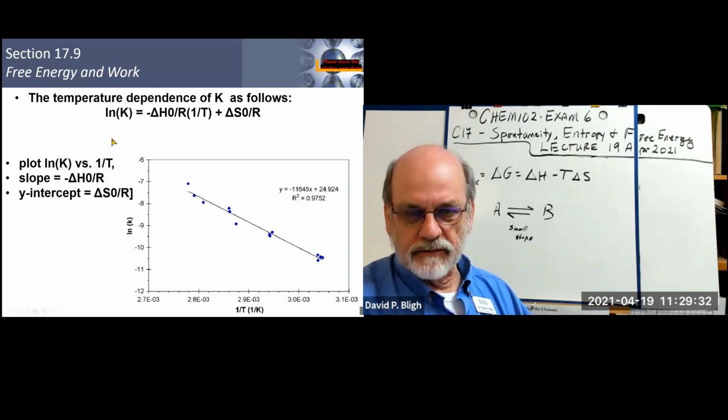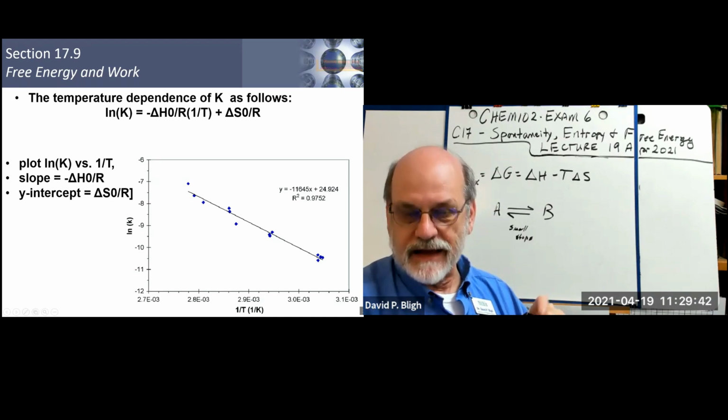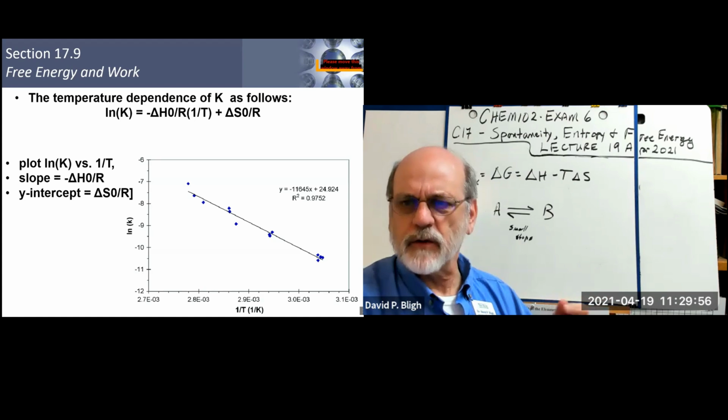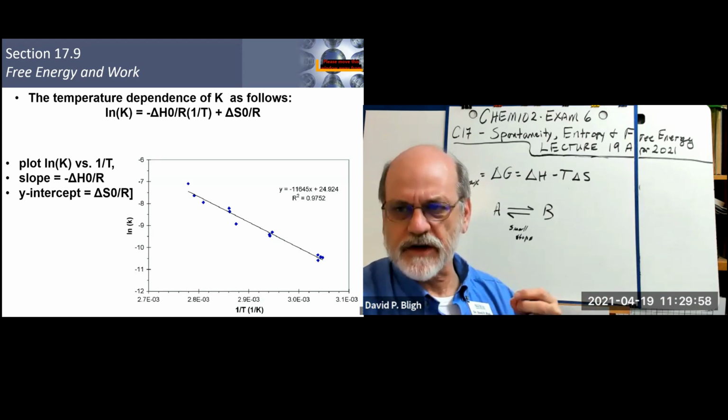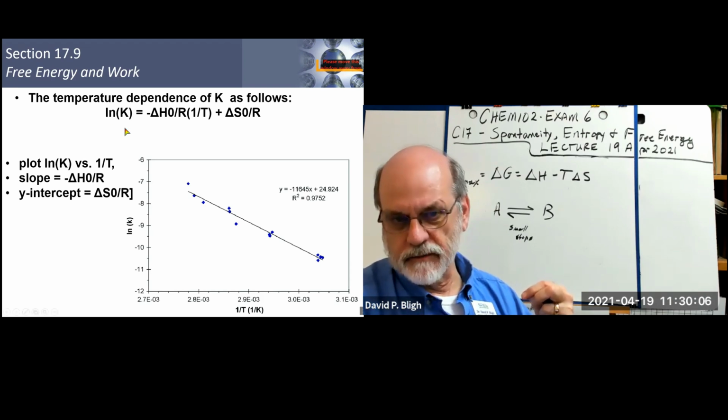I'll look that up and append it to the video. This expresses the temperature dependence of K. Right? And we know from previous calculations that if you say K is a certain value, then if you change the temperature, K will change. I think we have talked about this when we discussed equilibrium.